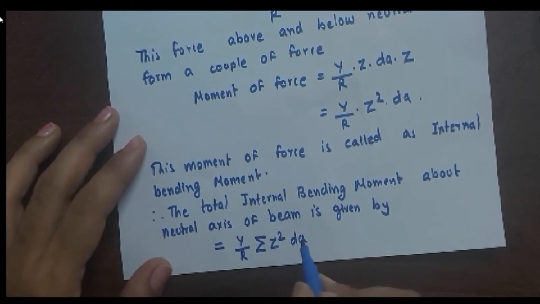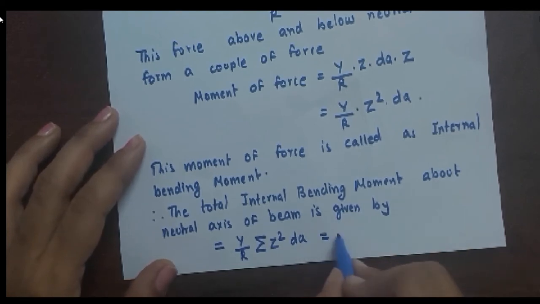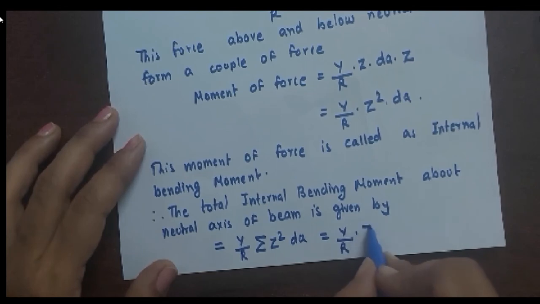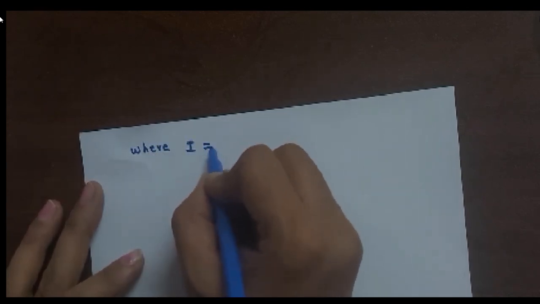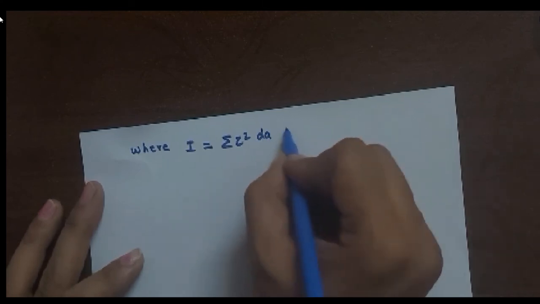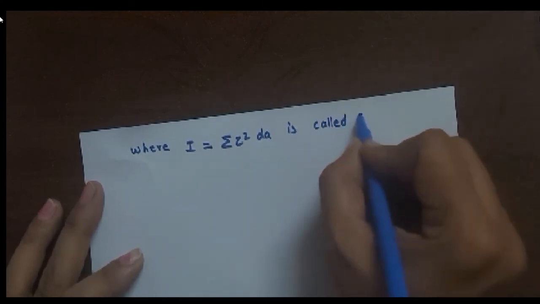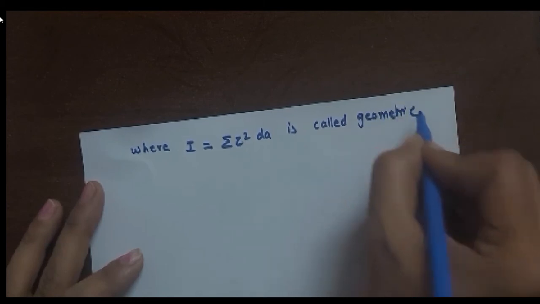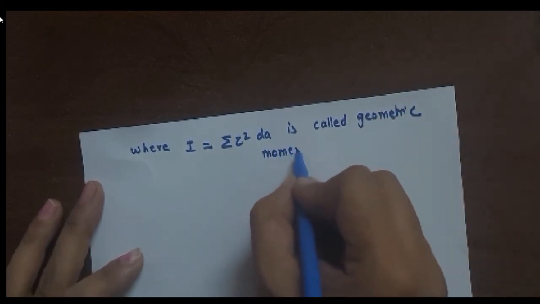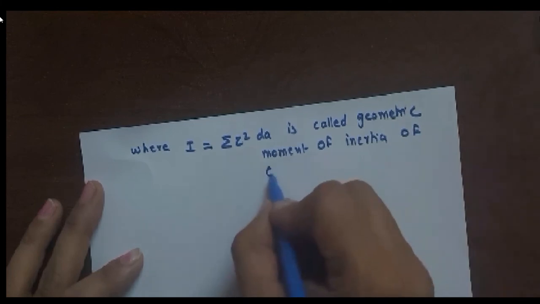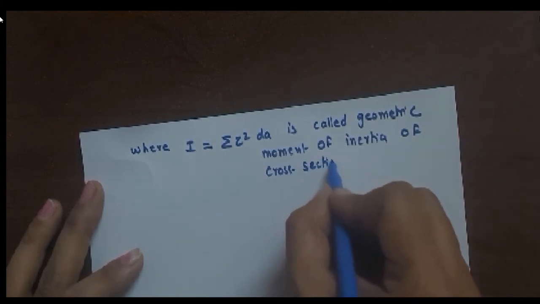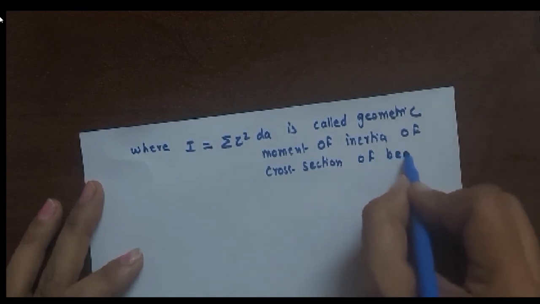This will combine to form the geometric moment of inertia. So we will write Y upon R into I, where I is the geometric moment of inertia of the cross section of the beam, where I is equal to summation Z square dA.